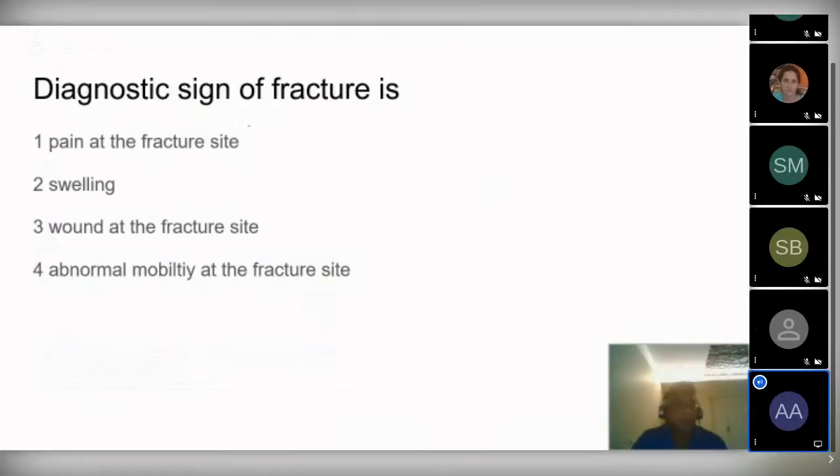Swelling. Swelling. Diagnostic. There can be all the features, but I want something which clinches it. Swelling can be there even without a fracture. Option number 4. Yeah.